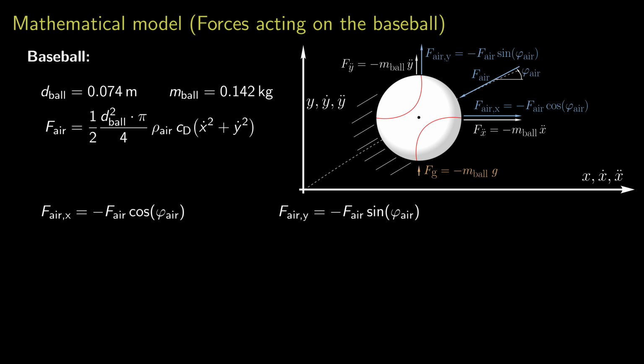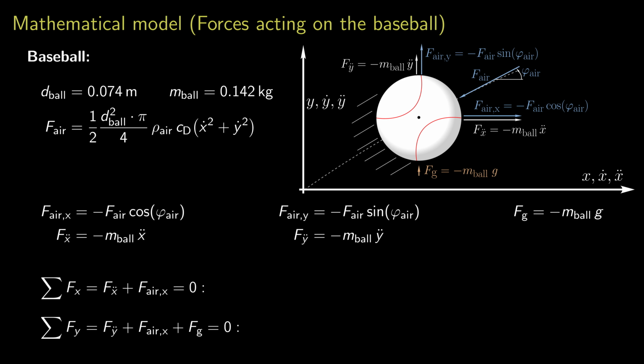Our next force acting on the baseball is the gravity pulling it down, calculated from the mass of the ball and gravity. The acceleration in x and y direction lead to the forces of inertia as shown, and summing everything together allows us to calculate the acceleration in x and y direction that we need for our simulation.